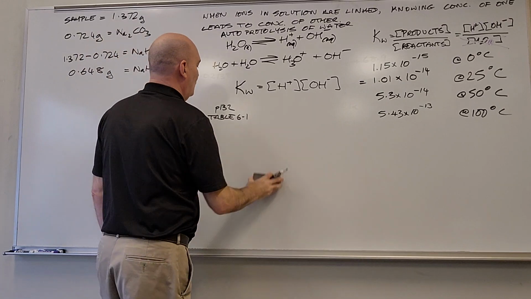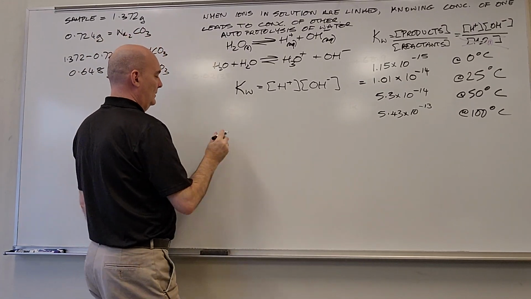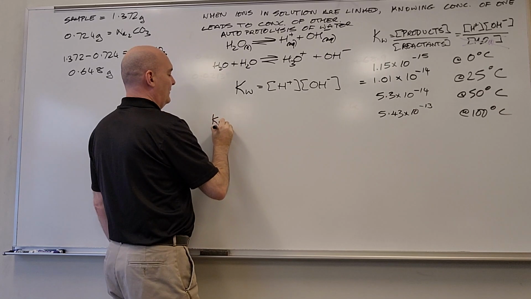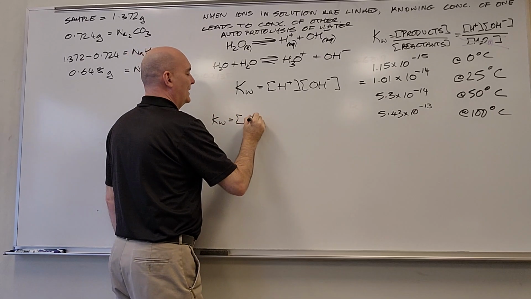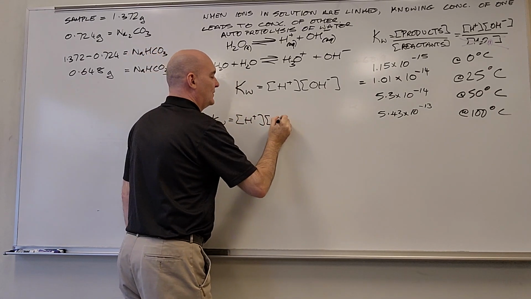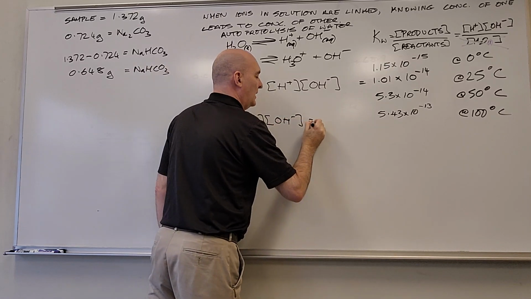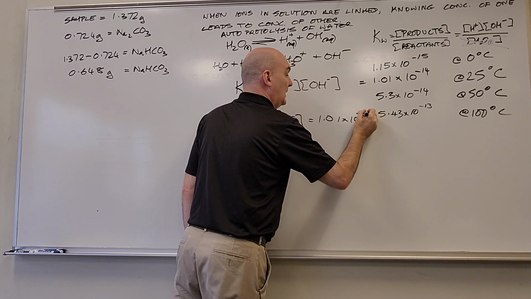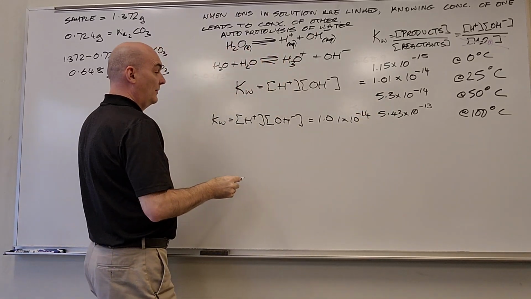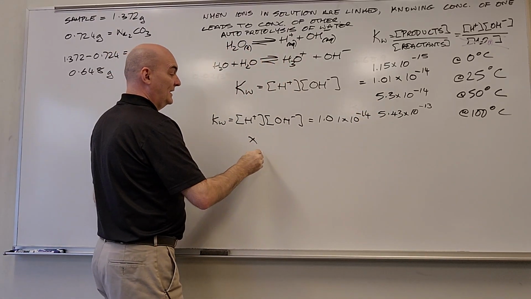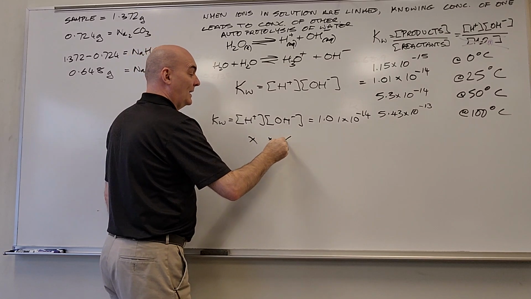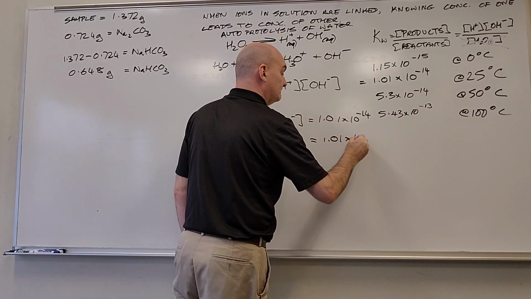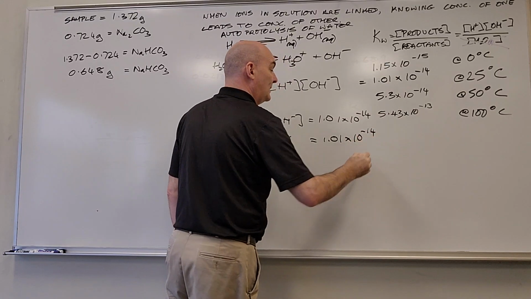And the number that we have dealt with all these years is that if Kw is the H plus concentration times the OH minus concentration, and that is 1 times 10 to the negative 14, then whatever this is multiplied by whatever that is, they have to be the same as each other.